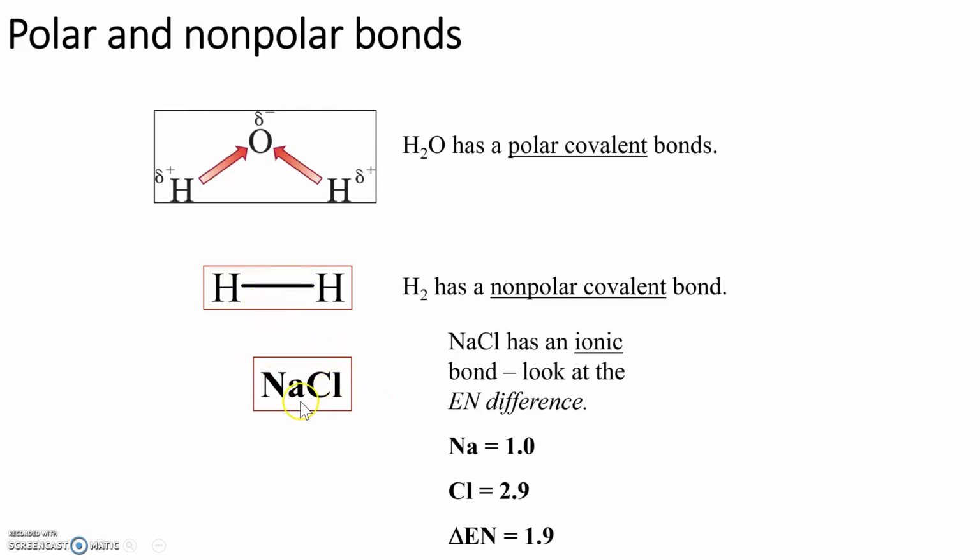If we look at something like sodium chloride, here we have a metal and a nonmetal. As a result, we have an ionic bond. When we're talking about ionic bonds, we don't talk about polar and nonpolar. In an ionic bond, there is a large charge difference. This charge difference, or the electronegativity difference, is larger than what you see in most covalent bonds. And this is why we have some of the properties of ionic compounds in water.